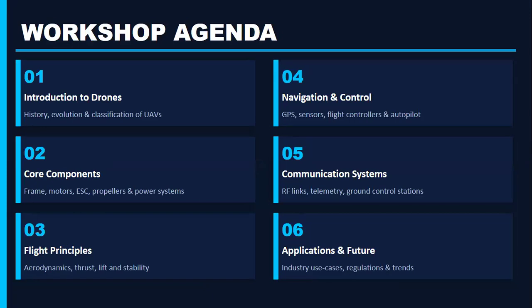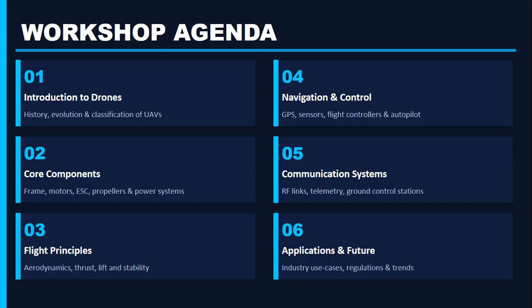Let us follow today's workshop agenda. In today's segment, we will begin with an introduction to drones and their historical evolution. Next, we will study the basic core components that make up a drone system. We will then examine the principles of flight and aerodynamics that allow drones to fly safely and efficiently.